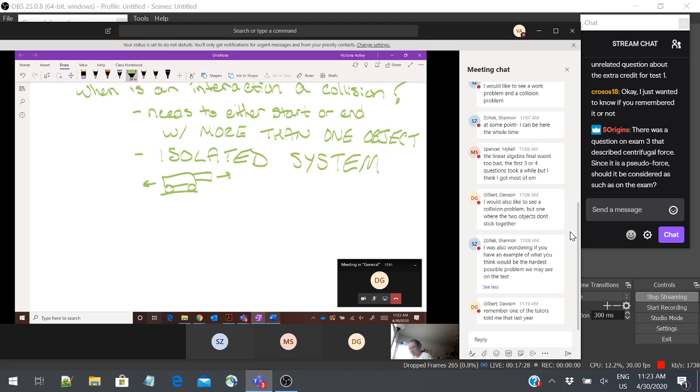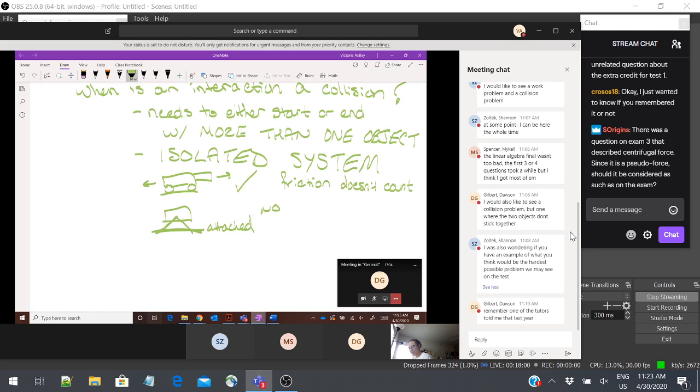Are there other forces on it? Yeah, there's probably some friction, but friction doesn't matter because it's so slow. So this would be considered an isolated system. But if your cannon was tied down, is that an isolated system?